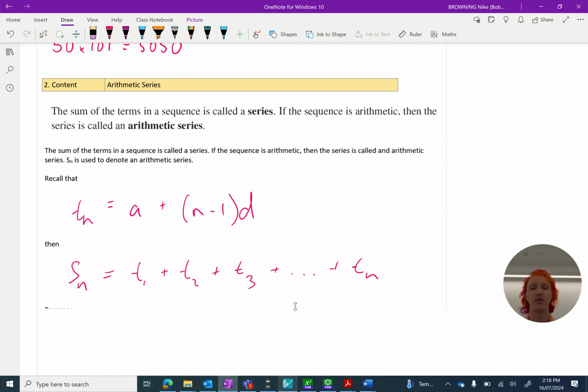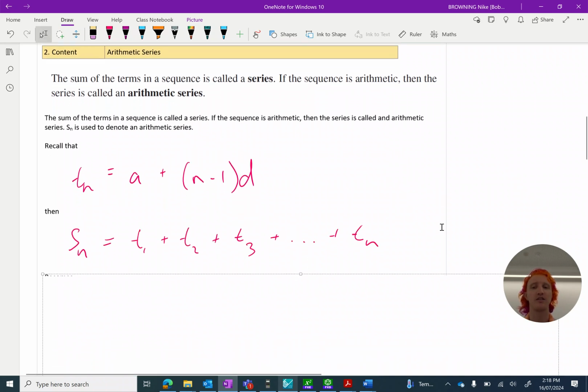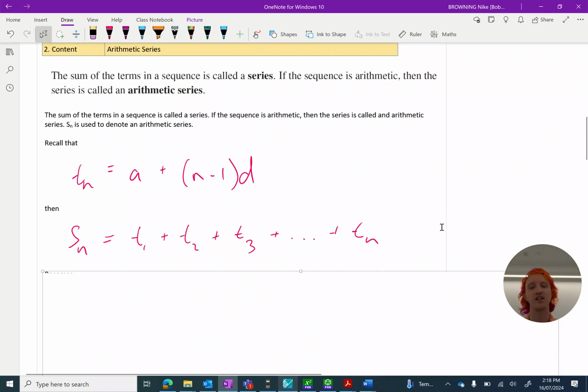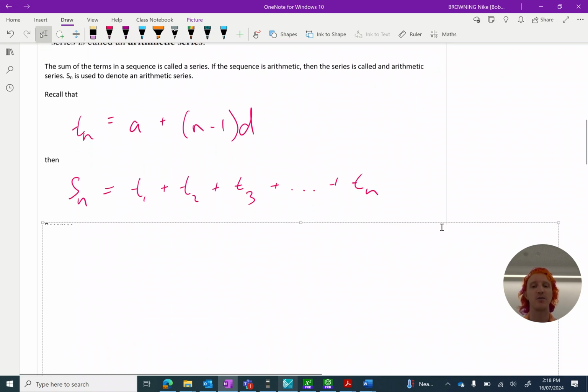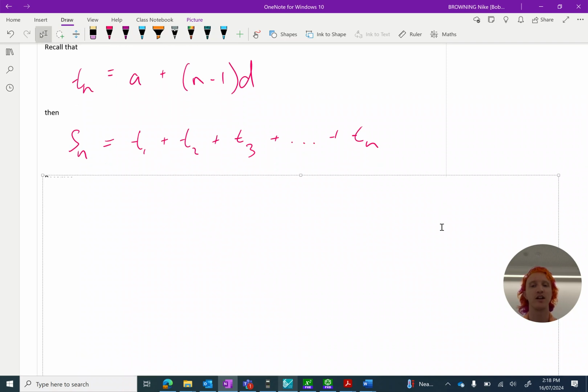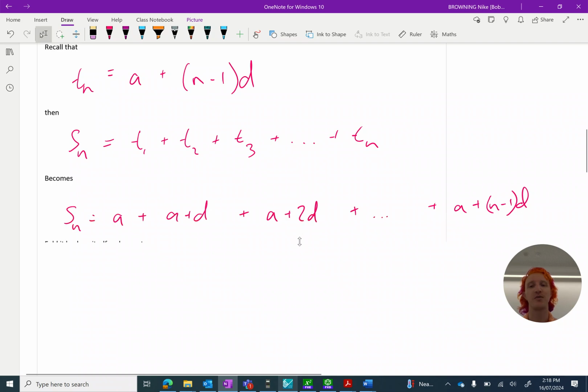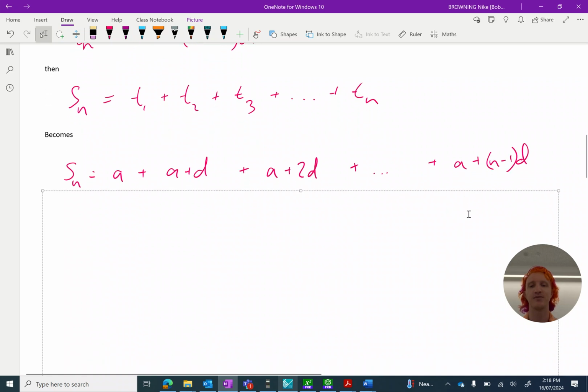Then we remember from our definition, our series will be all of the terms added together, so t1 plus t2 plus t3 and so on. If we replace that with our definitions or equations, we get the first term is a, the second term is a plus d, the third term is a plus 2d, all the way up to a plus (n minus 1)d.